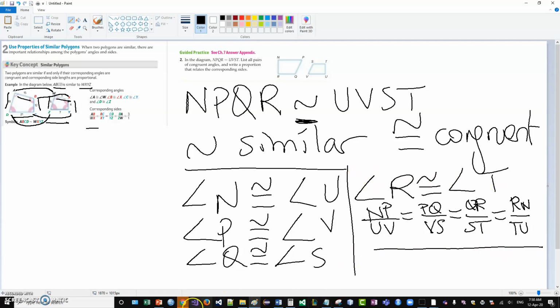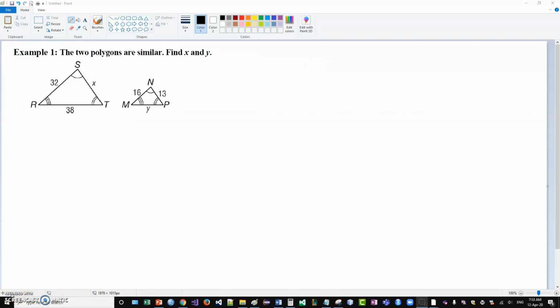Let's look at a more practical example. We're given that these two polygons are similar and we're asked to find x and y.